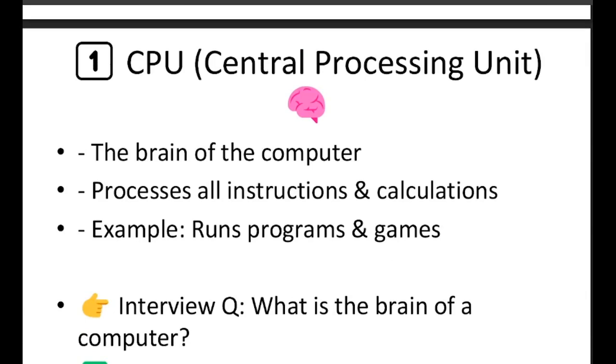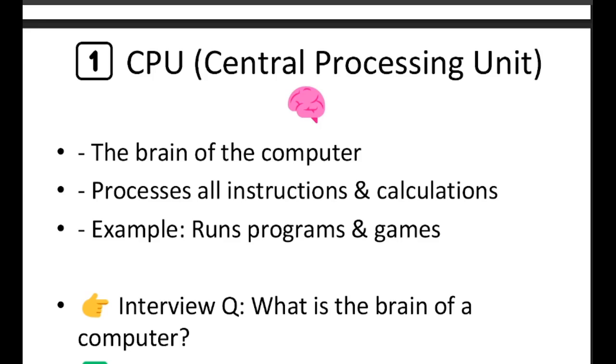Here you can see CPU. CPU is the central processing unit. Basically, it's the brain of the computer. It processes all instructions and calculations. For example, it runs programs and games. Whenever you are running any programs or playing games, all these instructions are processed and calculated by the CPU only.